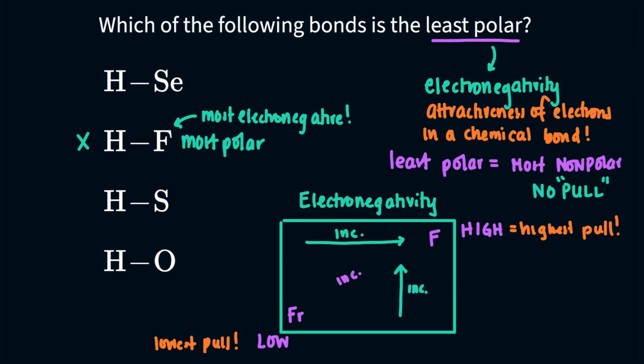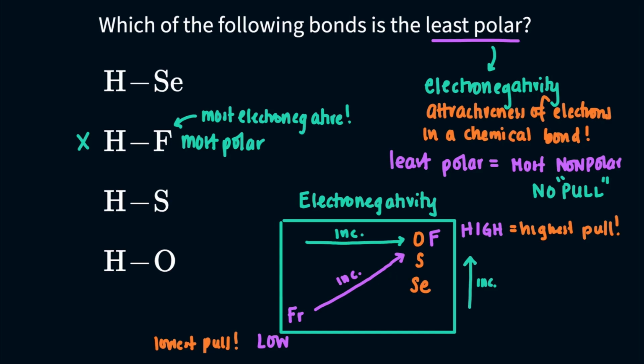But just know that right next to fluorine comes big bad boy oxygen. Right below is sulfur, and then right below that is selenium. We'll go outside the periodic table, and then we'll just draw that line again. Okay.